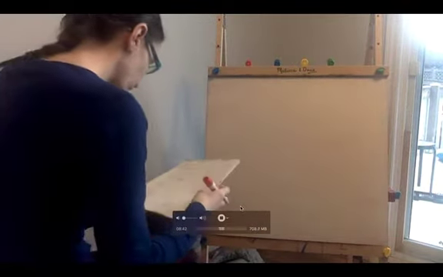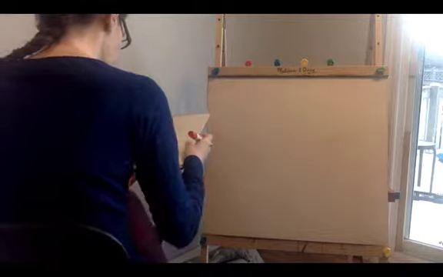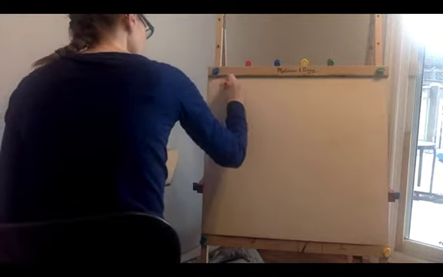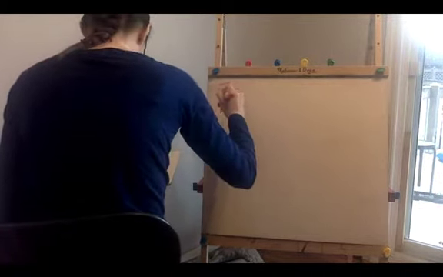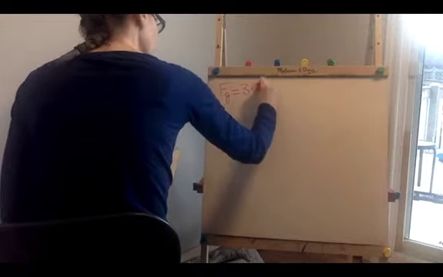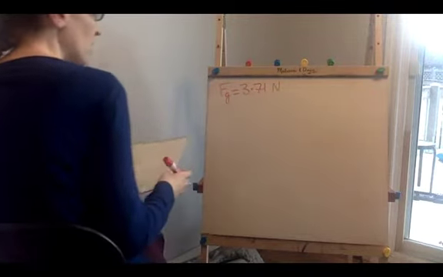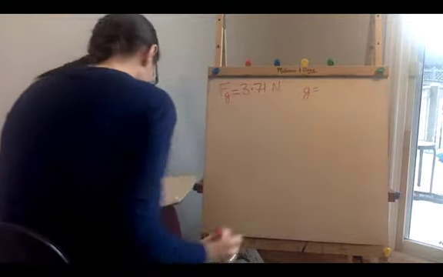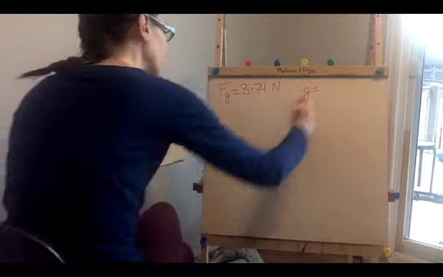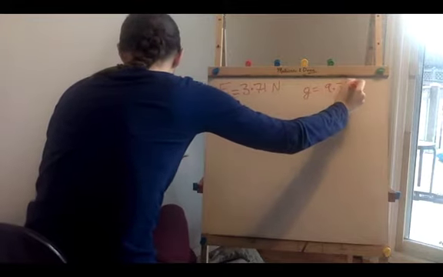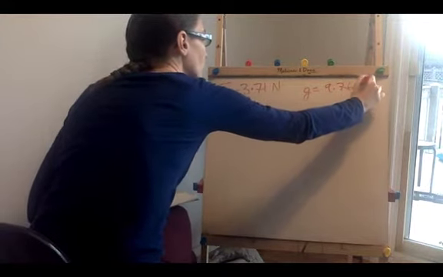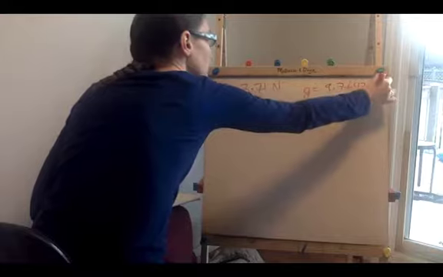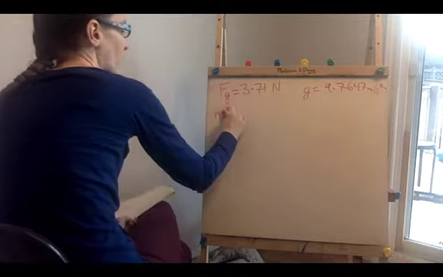Okay, so information we have is that the weight, which is the same as Fg, is equal to 3.71 newtons. When we looked up that table, the force of gravity at Mount Everest was a value of 9.7647 meters per second squared, and we're being asked for the mass of the orange.